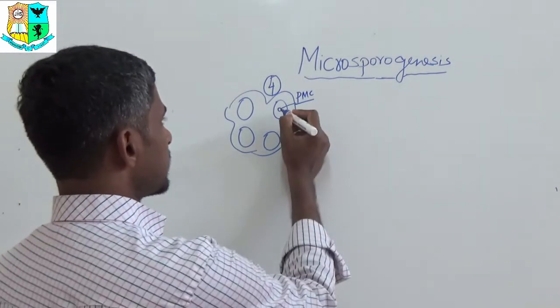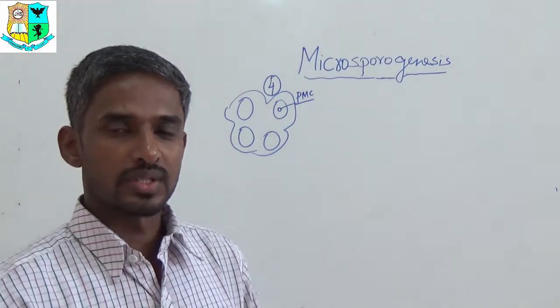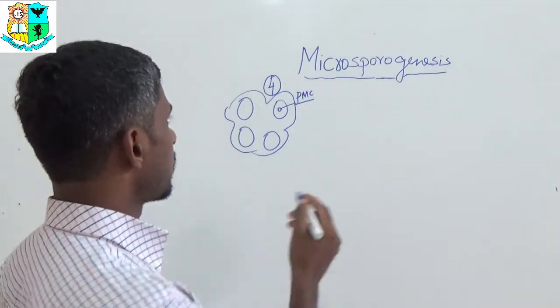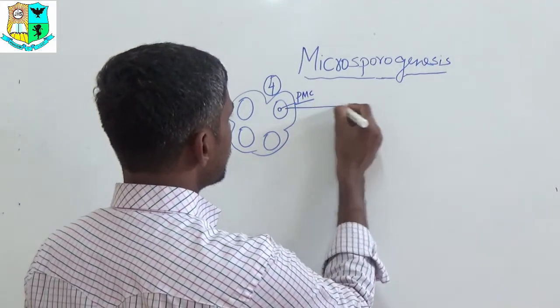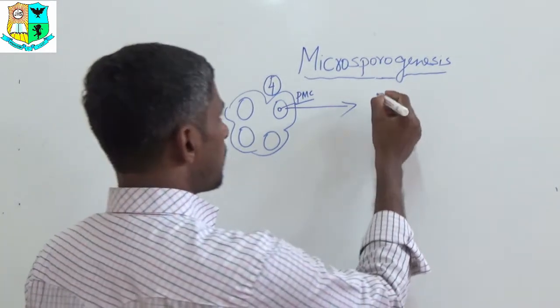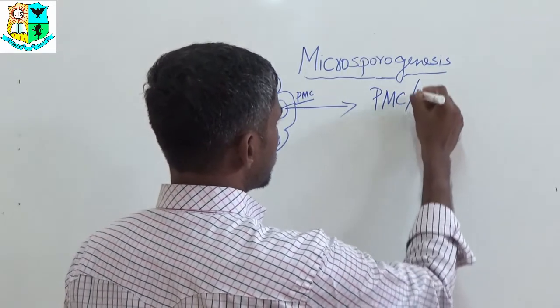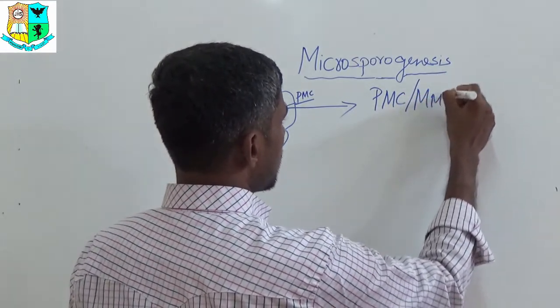Now these sporogenous tissues, which are compactly arranged, which are homogeneous, later on give rise to pollen mother cell. Each cell of the sporogenous tissue will give rise to a pollen mother cell, or it can also be called a microspore mother cell.